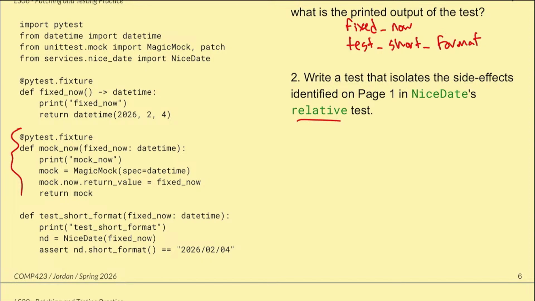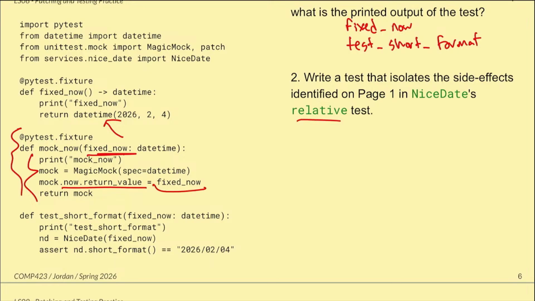But when it sees that mock now needs fixed now, before it even tries to execute this function, it's going to go call that fixture first. And then mock now would get called and produce a magic mock. And you'll notice that what we're doing is we're mocking the now method's return value to return fixed now, or the current date.